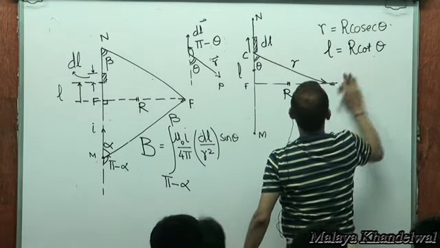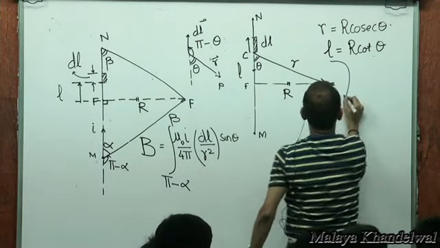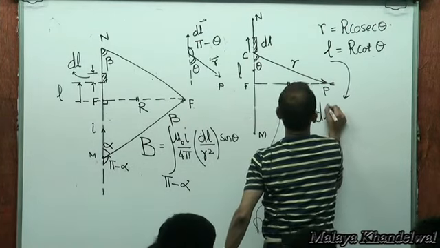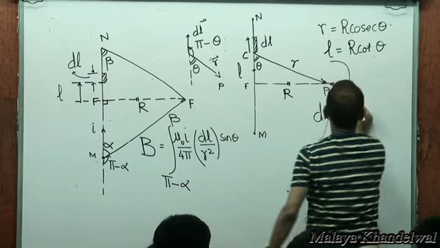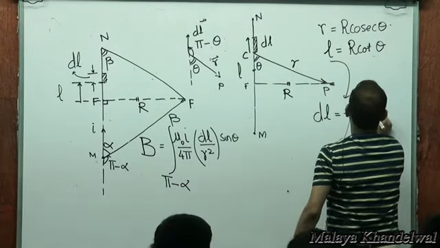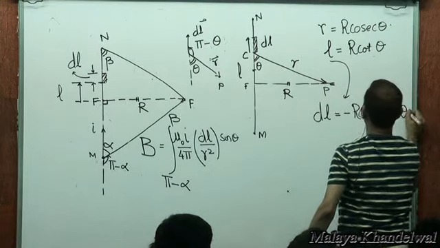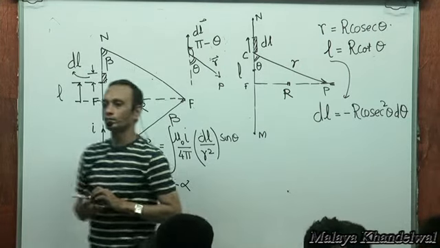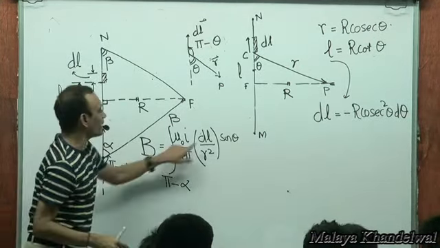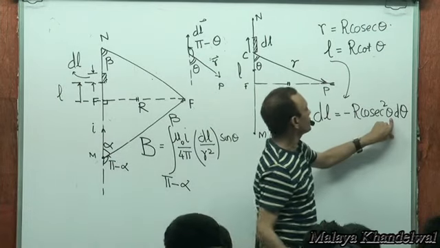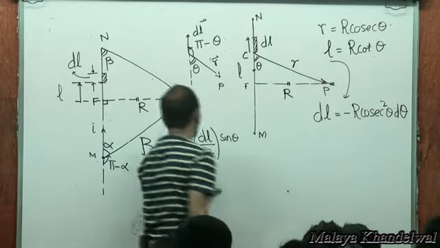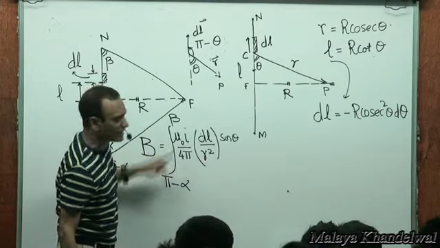And therefore, the differential element dl would be minus R cosec square theta d theta. So now I can write dl in terms of theta, I can write small r in terms of theta, and carry this integration out.